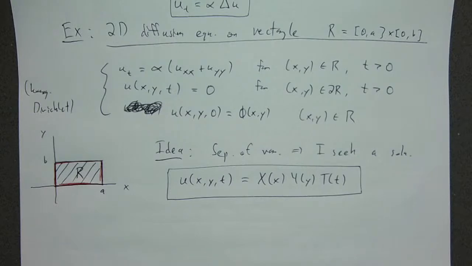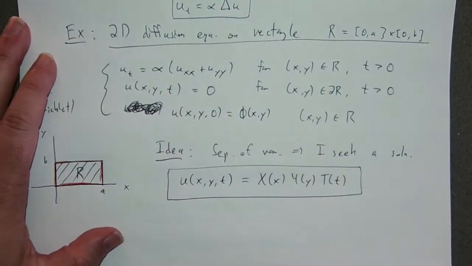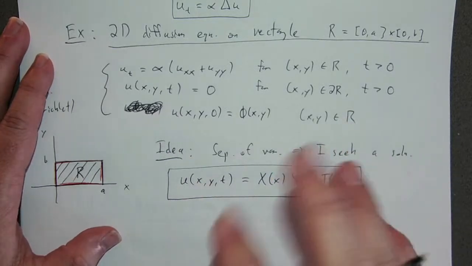Okay. So now what? I do the exact same thing. I want to plug this into the PDE to get some expression here. So if this is going to satisfy this diffusion equation, what do I have to have here? I'm going to put the t and the space variables on different sides here.